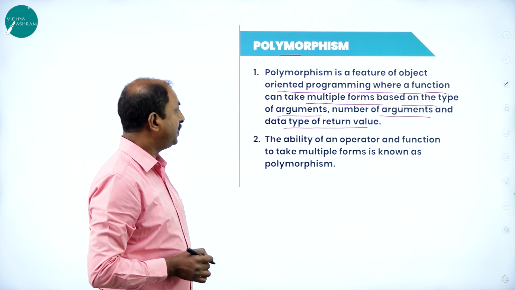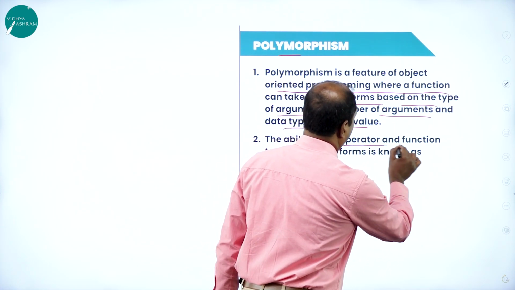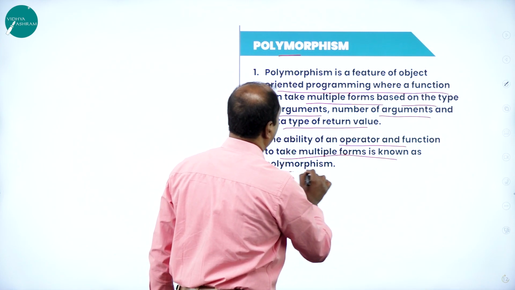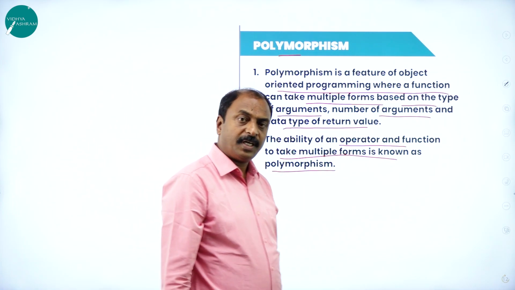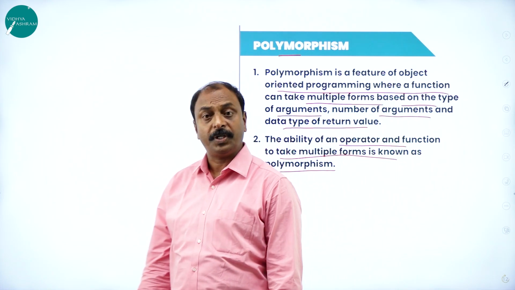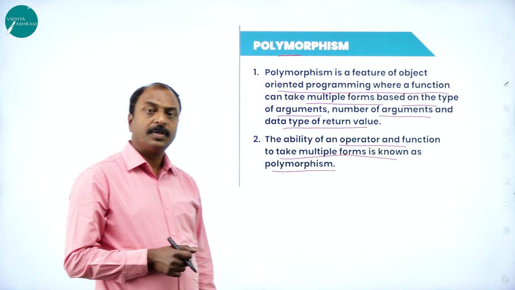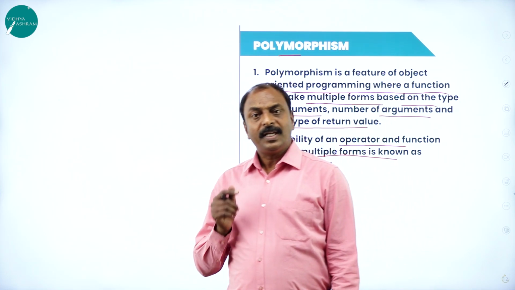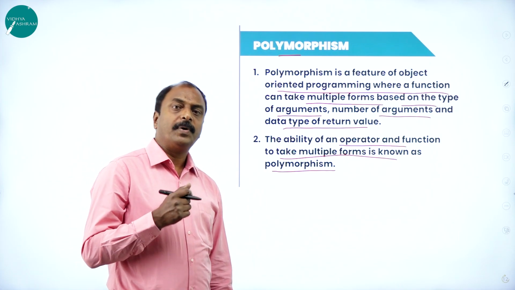Another definition is that the ability of an operator or function to take multiple forms is known as polymorphism. In general, it is the behavior of an object depending on the circumstances or situation. You can take the keyboard as an example. There are a number of keys on the keyboard, and one key has two functions. That is an example of polymorphism.